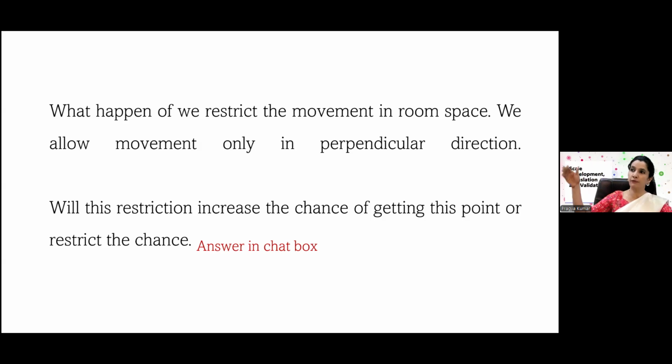In a room, if you fix that, you have to only travel through walls because walls are along 90 degrees. So if you can only travel through walls, what will happen? Your movement will be restricted. If you can walk anywhere in the room, you will be free. So we will see that oblique rotation is considered the best if you are doing scale development and factor analysis in the case of health.